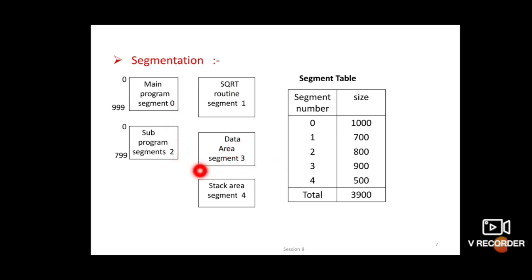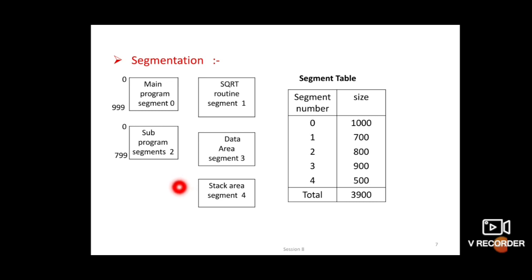So there is a data segment, an area segment and a stack segment. One program or process is divided into different segments, so it is basically divided logically. Here we have the main program, the square root program and the subprogram. One is our coding.